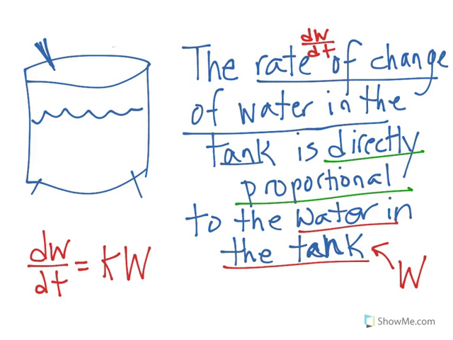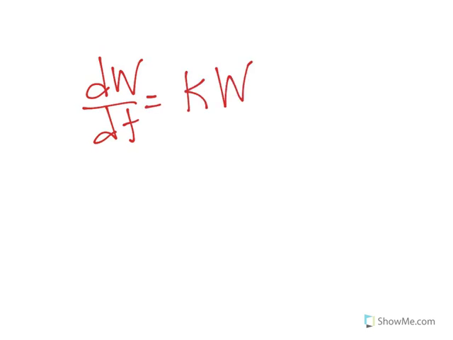Now, not that it matters, but as a side note, we'll soon be coming to problems where they say things like the water is inversely proportional. If that's the case, and don't worry about that for this problem, it's not that dW dt is kW, that's directly proportional. Inversely proportional will look like this. We may even hear things like it's directly proportional to the square of the water.